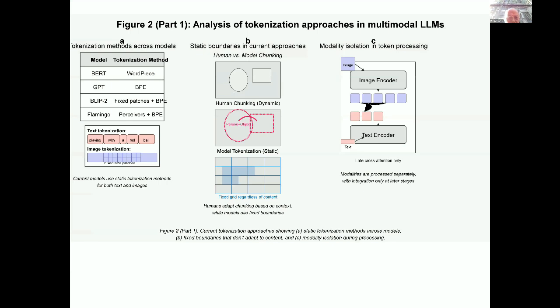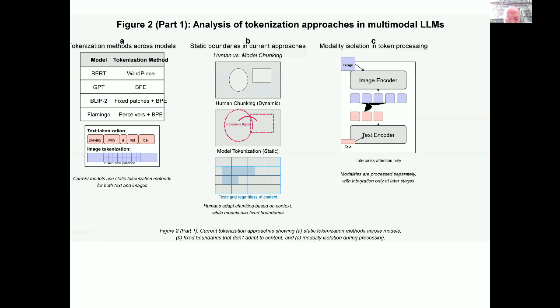So let's see this picture. So first, let's say figure one. We are now looking at how current AI models handle multimodal information. This diagram compares tokenization methods across several leading models like BERT, GPT, and Flamingo.